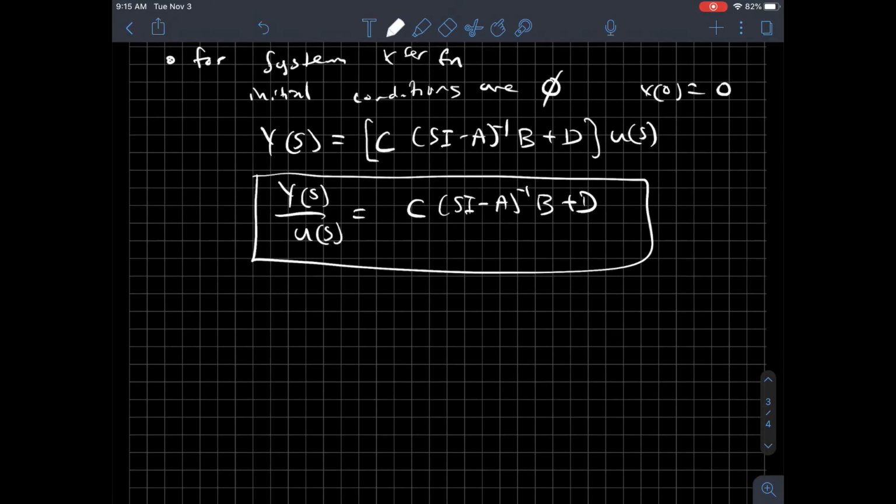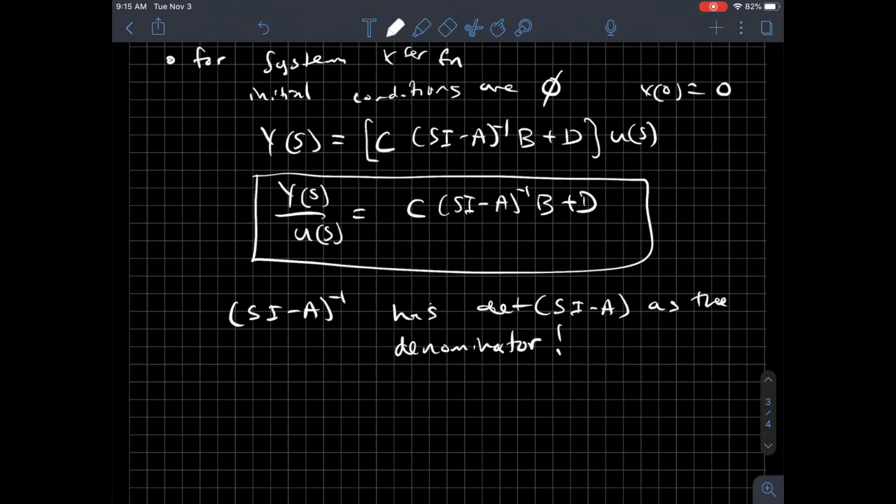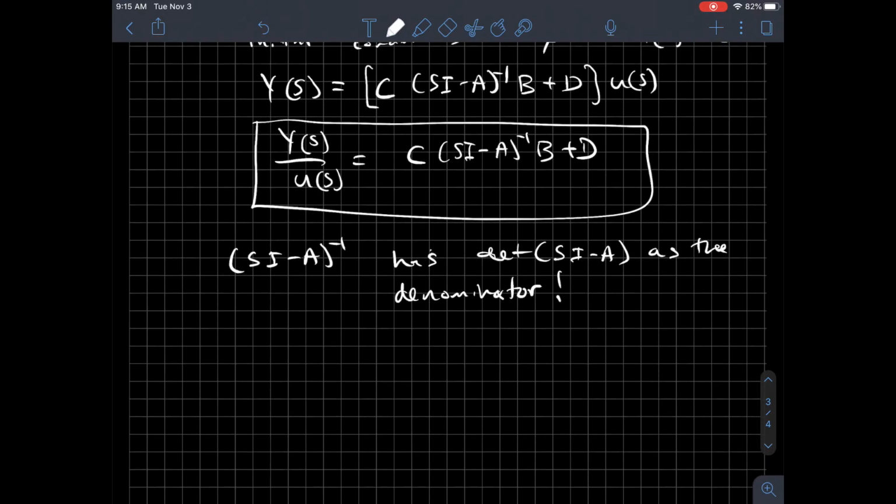One important note while I'm here is that the (sI minus A) inverse has the determinant of sI minus A as the denominator. That is important because as you do classical controls, you learn a whole lot about the poles determining things like stability and so on. In fact, the determinant of sI minus A is the characteristic equation.